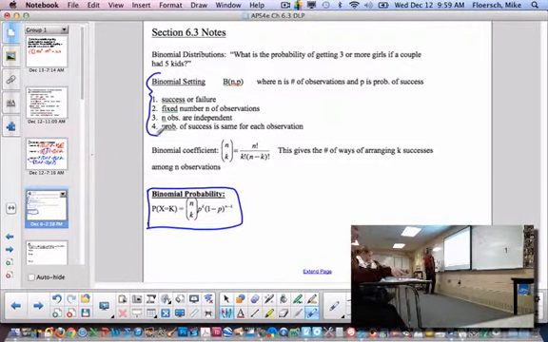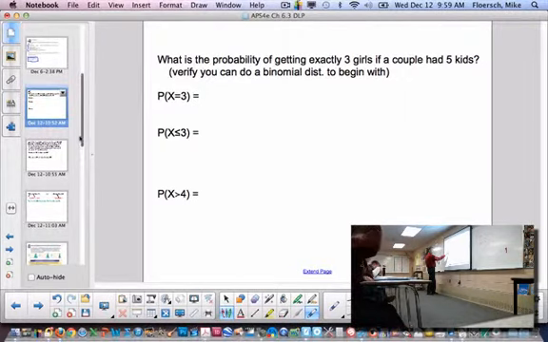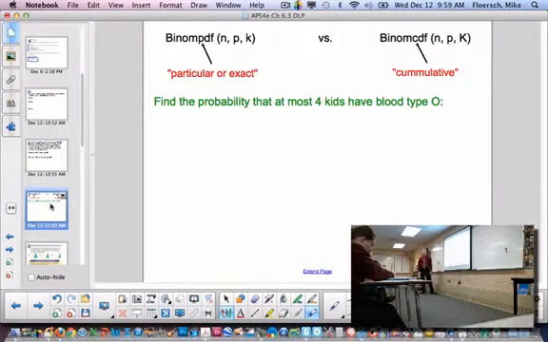All right, so then let me go to this. This is where you want to learn the calculator, okay? 2 things, and this should be on your sheet. It's about the middle of the front page. Binomial PDF versus binomial CDF. The way I remember the difference, there are 2 different ones.